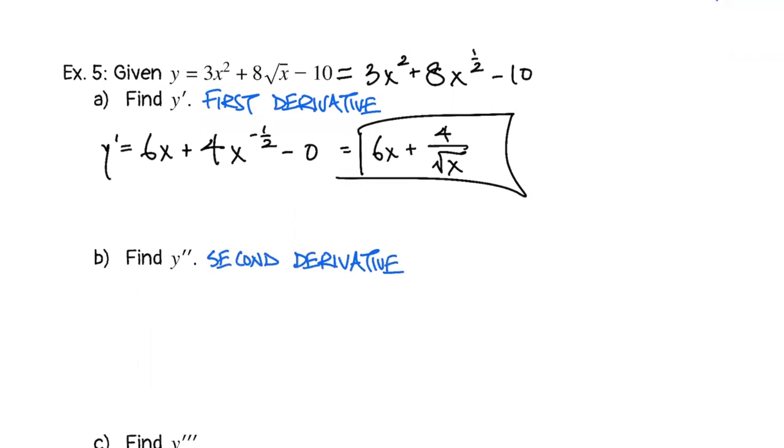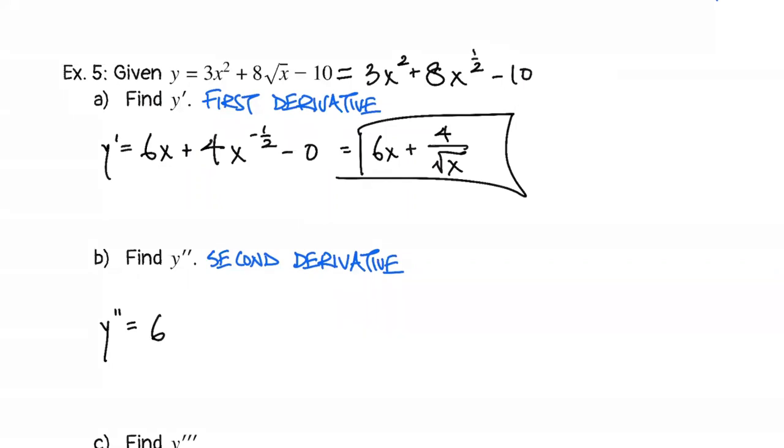All we do, we take our first derivative and we repeat the process. Whatever rules we need, we're going to use those rules. What rule are we going to use to find the derivative of 6x? Yeah, we're going to use that power rule. And so the derivative of 6x is going to give us what? 6, perfect. So the 6x, I take the derivative one more time, I get 6.